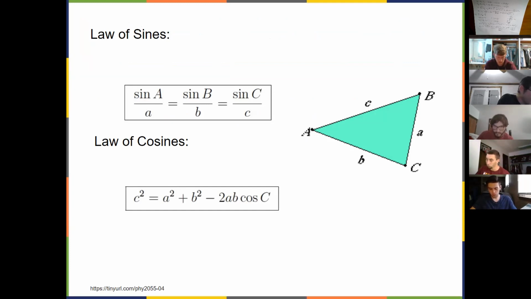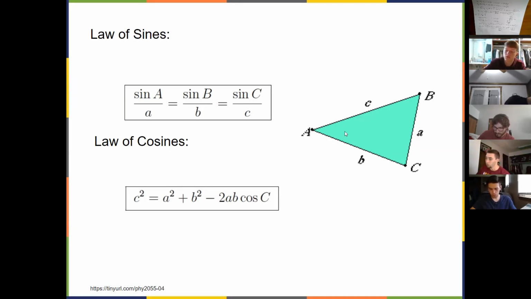Law of sines refers to when you have a triangle ABC. The angle that is attached to point A is called angle A, and then angle B here, and then angle C here. The lowercase letters a, b, c mean the lengths of the sides.